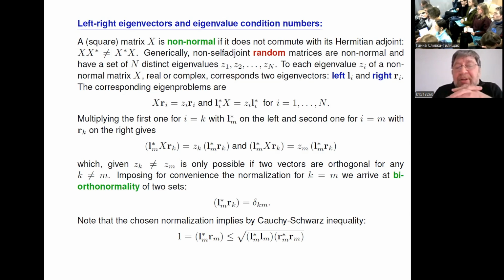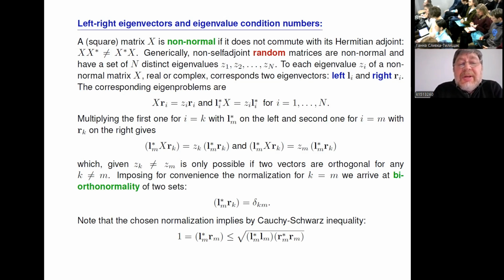Now, it is very easy, in the standard textbook way, to show that the set of left and right eigenvectors satisfies the property called biorthogonality. Let us take these two eigenproblem equations and multiply the first one from the left with Lm, for a given value of the index k, and multiply the second equation for the left eigenvector from the right with rk.